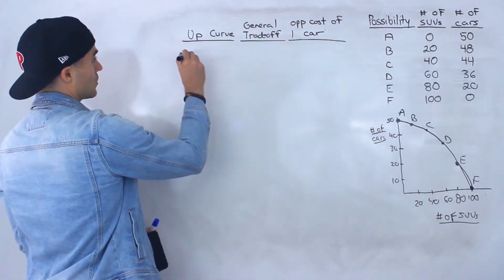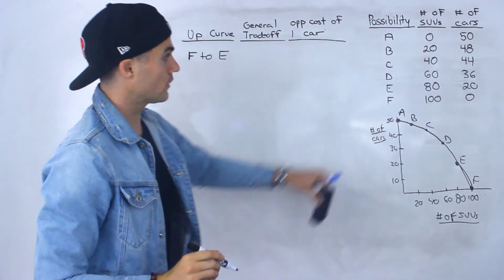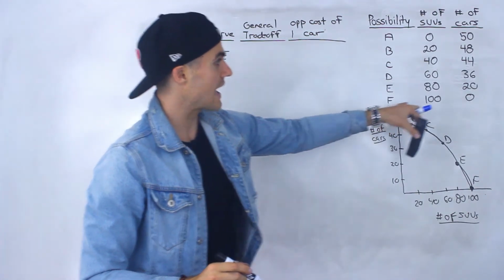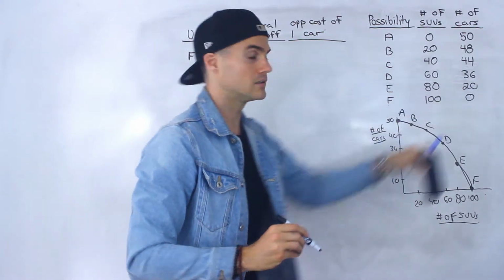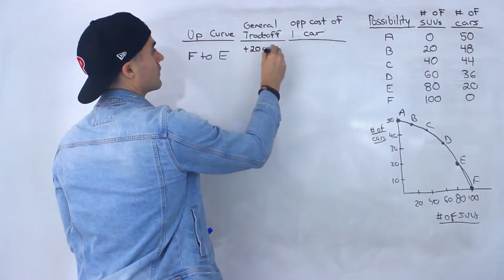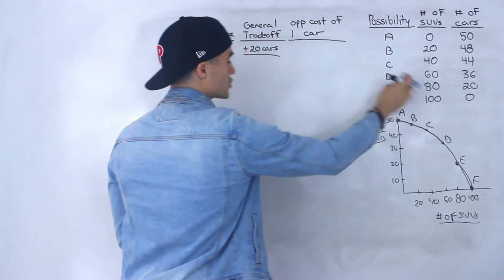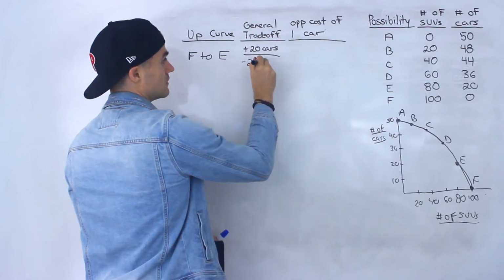The first interval is going from F to E. So if we're going from F to E, notice that we're making 20 cars. And to make 20 cars, we have to sacrifice making 20 SUVs.